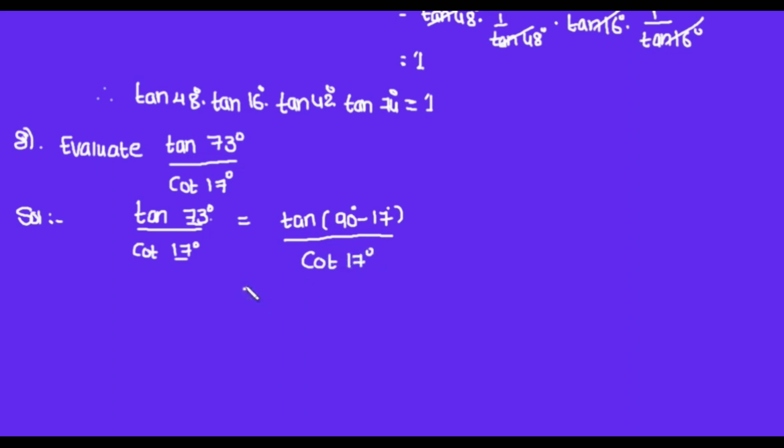We know that tan of 90 minus theta is equal to cot theta. So tan of 90 minus 17 can be written as cot 17. Then we will get cot 17 by cot 17. By cancelling the numerator and the denominator, we will get 1 as the answer. Therefore, tan 73 degrees divided by cot 17 degrees is equal to 1.